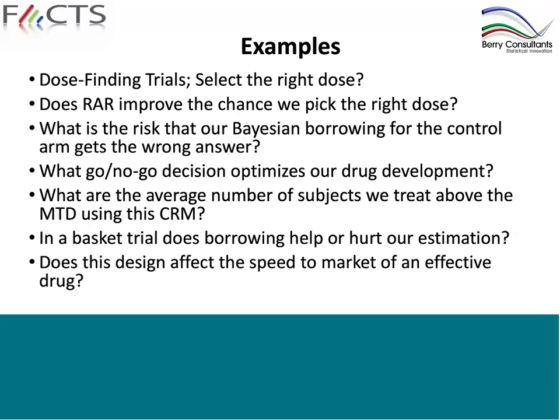It's too hard analytically to make those calculations. We can calculate in a CRM the average number of patients treated at a dose above the MTD. Couldn't do that without simulation. It's too difficult. In a basket trial, does borrowing help make the decision on individual parts of the basket? Or does it hurt? Hard to do that without simulation.